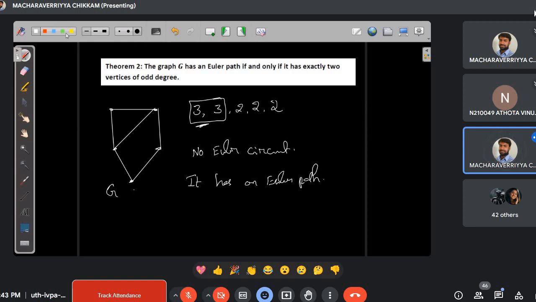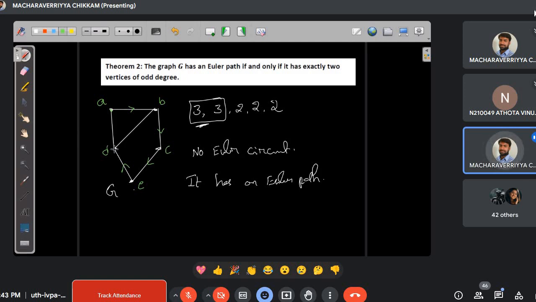For example, if I start here at A, if I want to identify an Euler path, is it possible? Starting at A, let me try. A to B. Let me name these C, D, E. So first you may go from A to B, and then B to C, and C to E, E to D. Now after reaching here, there is a dilemma.